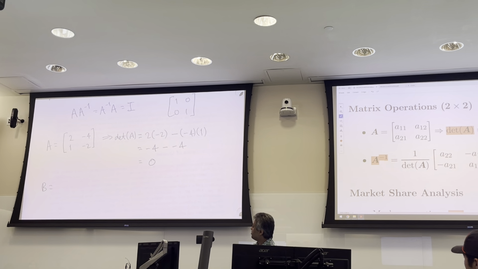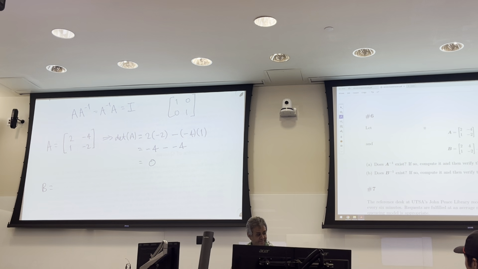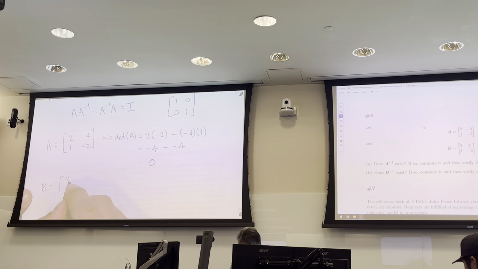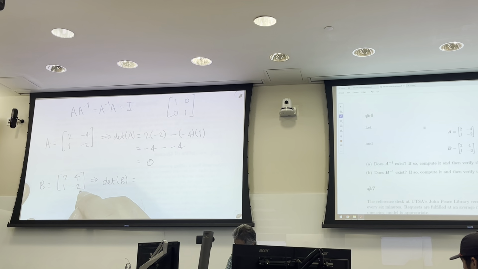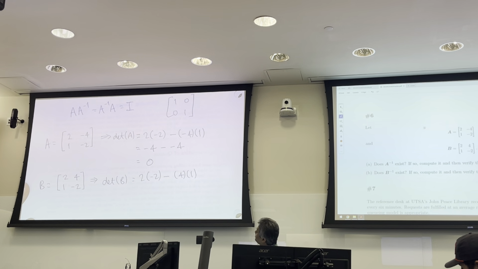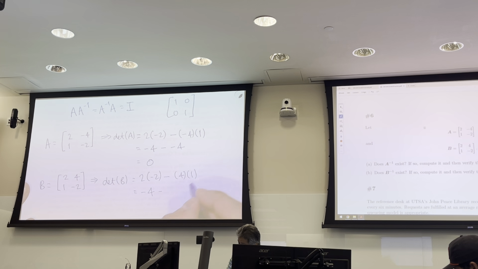So let's do a better, more useful example. Let's do B. Let's make that 4 in the upper right corner positive. Now let's find the determinant of B. It's the main diagonal minus the off diagonal: 4 minus 4, which is -8.